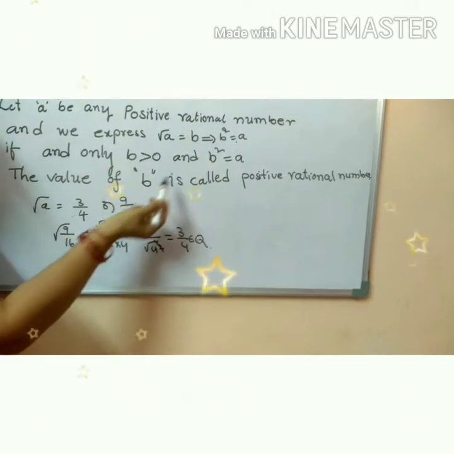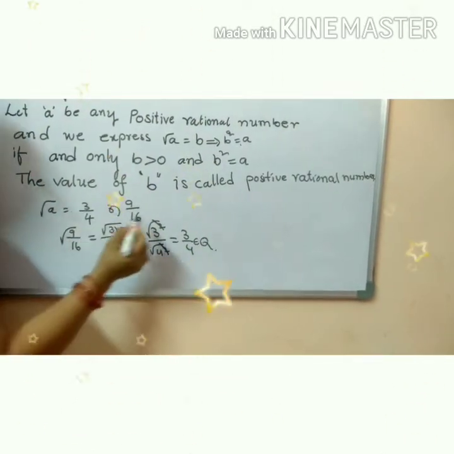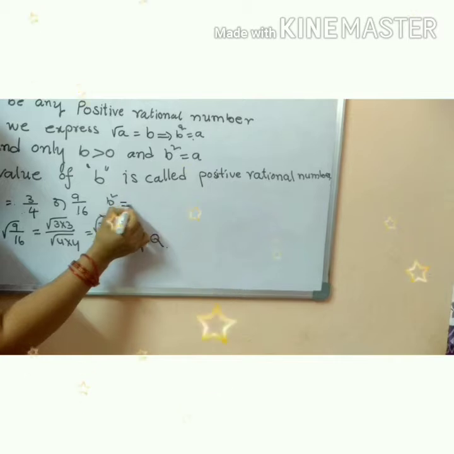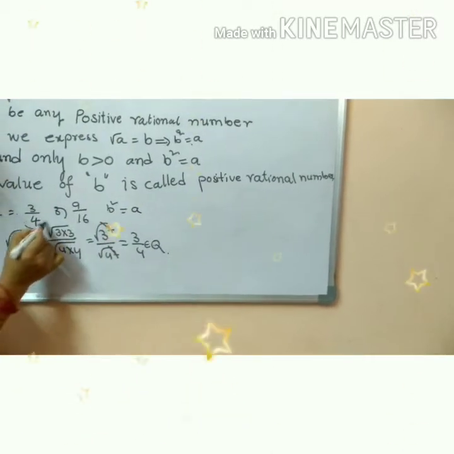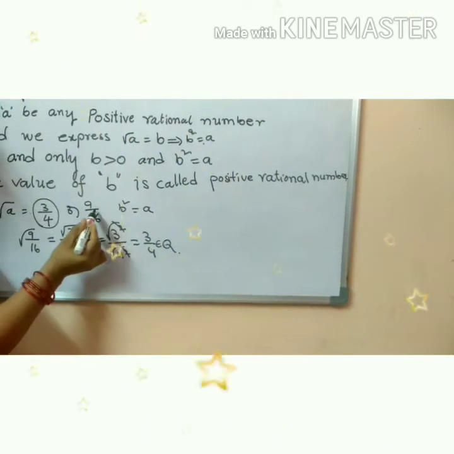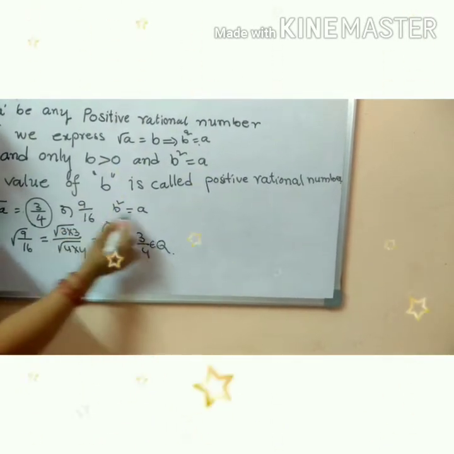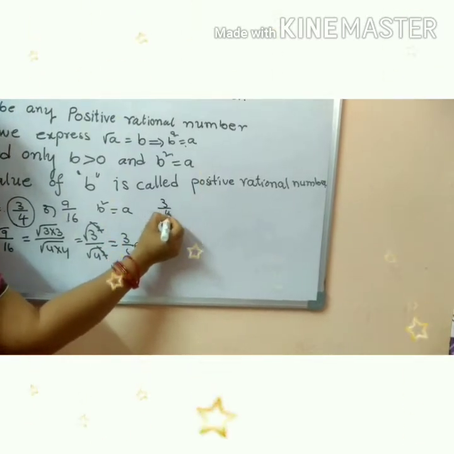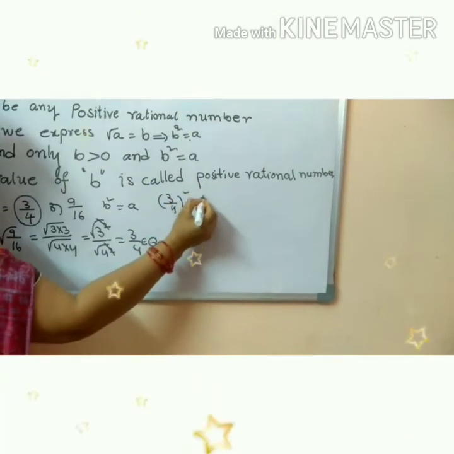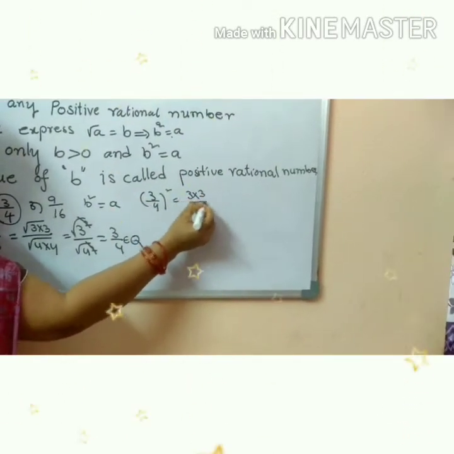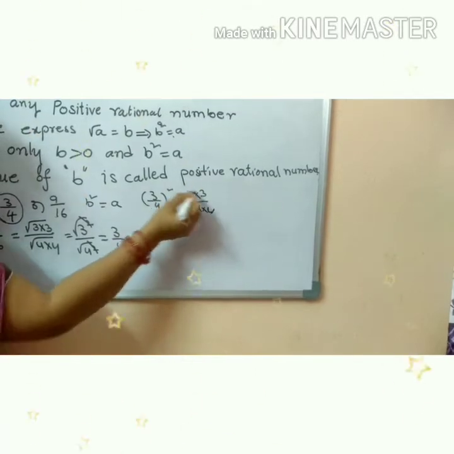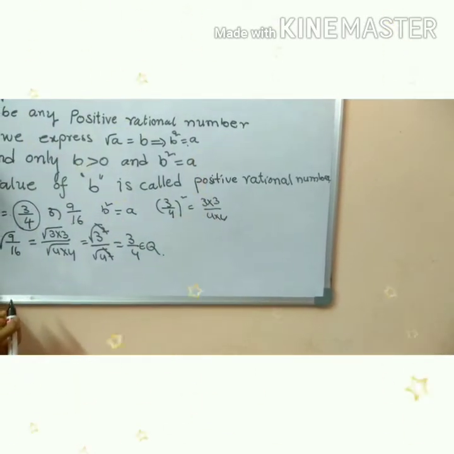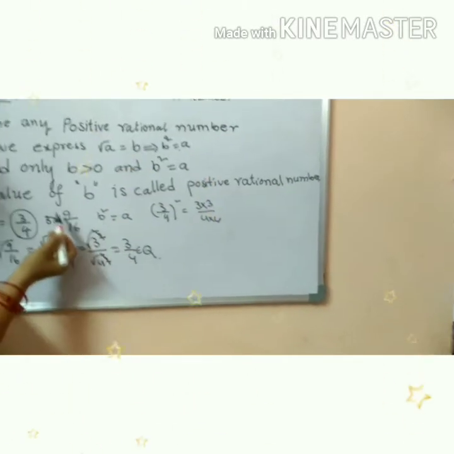Then B square equals A. B square means 3 by 4 whole square, which means 3 into 3 by 4 into 4. 3 threes are 9, 4 fours are 16, so 9 by 16.